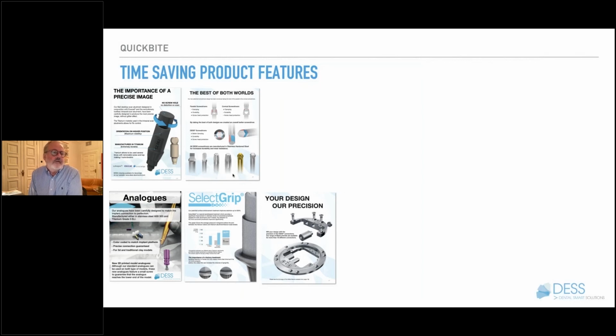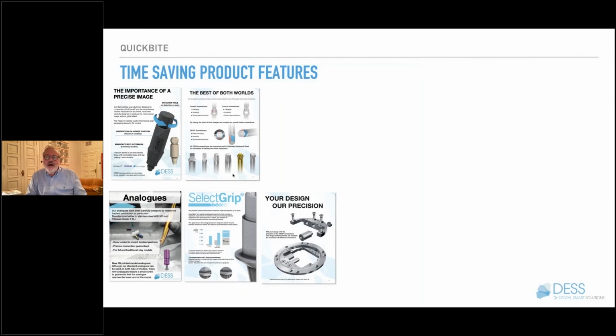Our analogs have the same color coding as the OEMs, which makes it easier. They now also come with a set screw at the bottom for digital models, but the original non-screw variety can be used both in stone and in printed models.